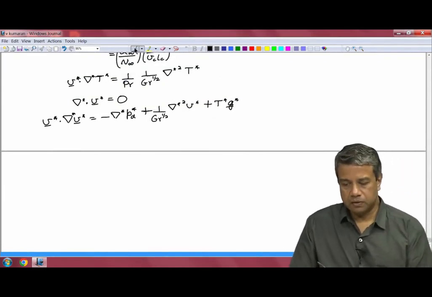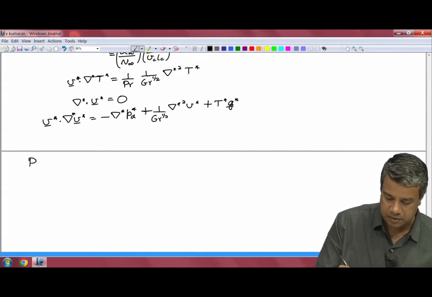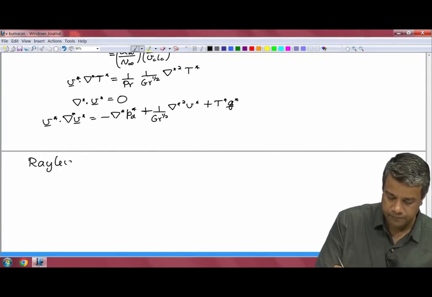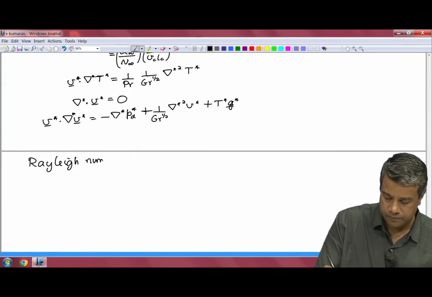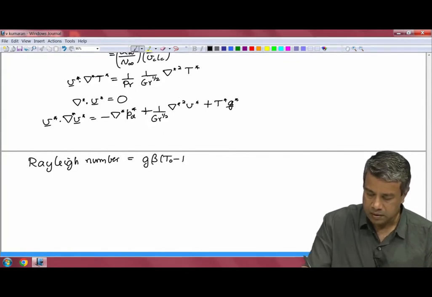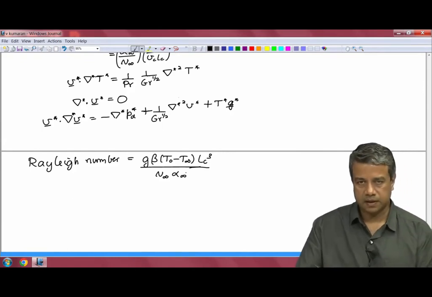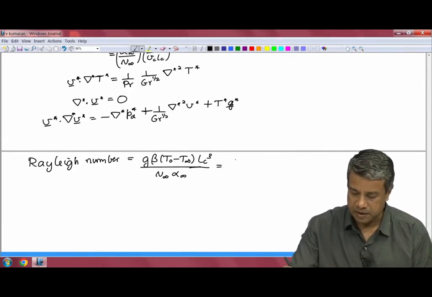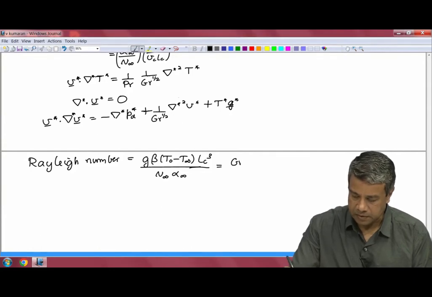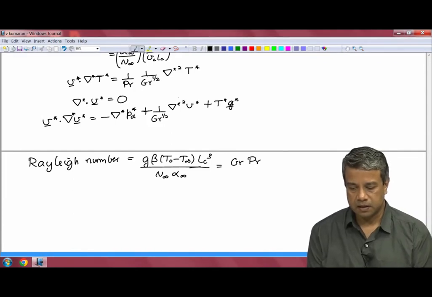Now, there is another dimensionless group that is sometimes used, which is called the Rayleigh number, which is equal to g beta into... by nu infinity times the thermal diffusivity, which will basically be equal to the Grashof number times the Prandtl number, because Prandtl number is nu infinity by alpha infinity.